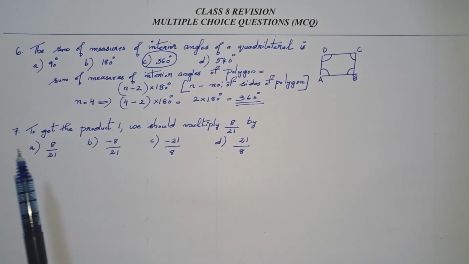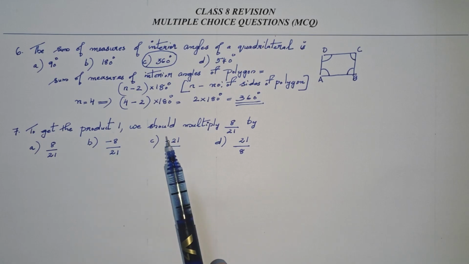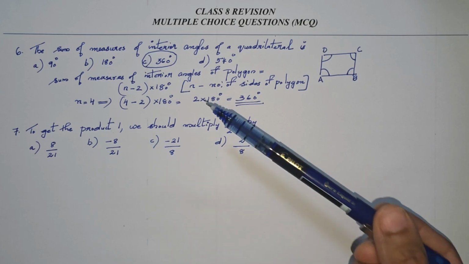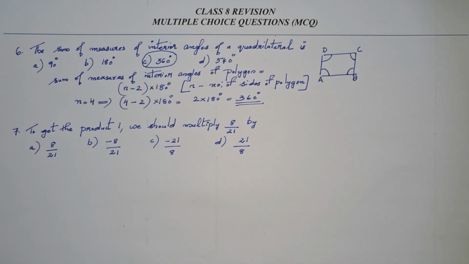The question is, to get the product 1, we should multiply 8 by 21 by. Options are 8 by 21, minus 8 by 21, minus 21 by 8 and 21 by 8. How can we solve this?